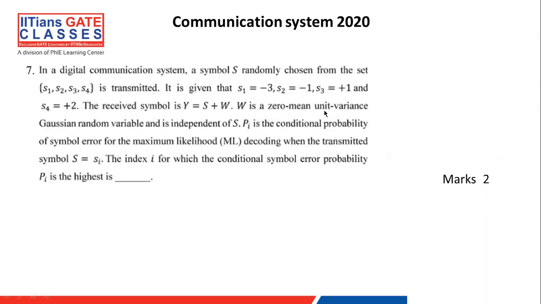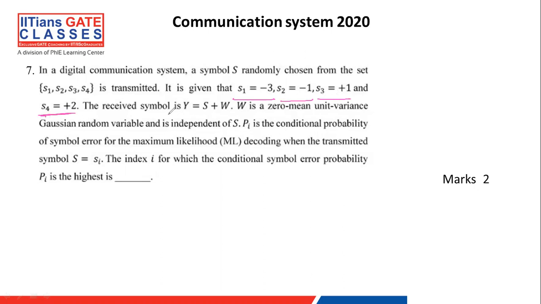Now this is a very interesting problem. This is based on maximum likelihood. Here four symbols are given, which are -3, -1, +1, and +2.